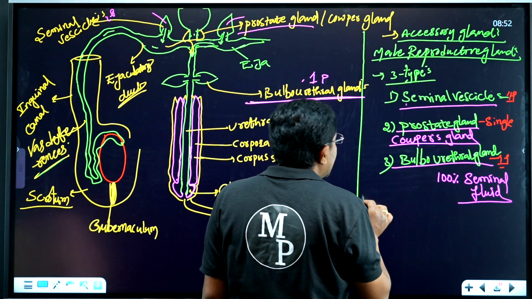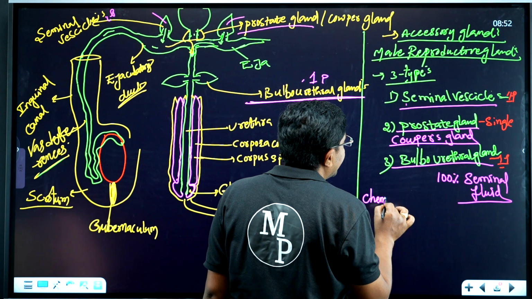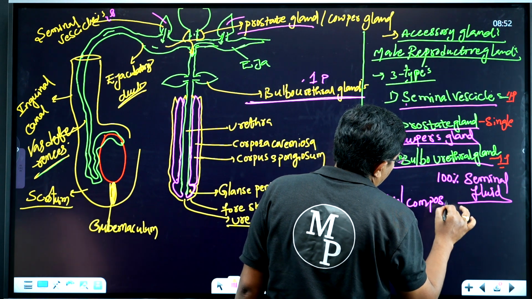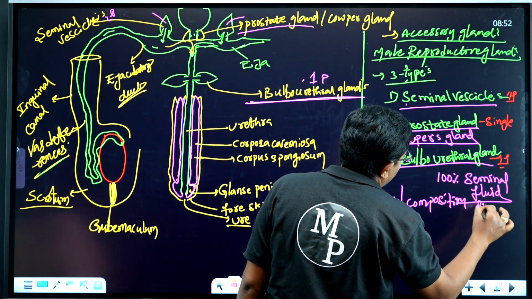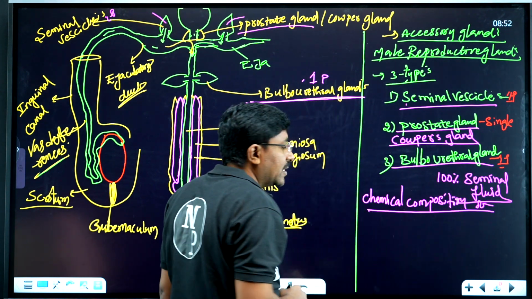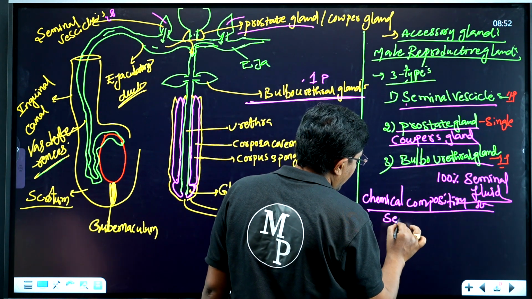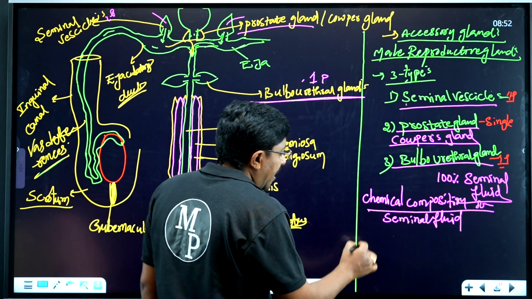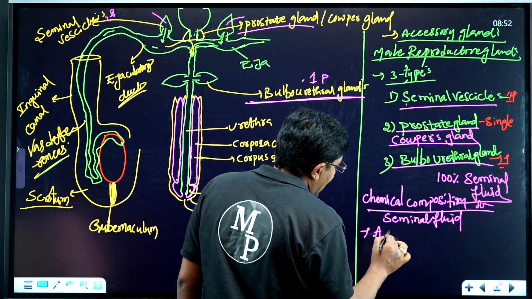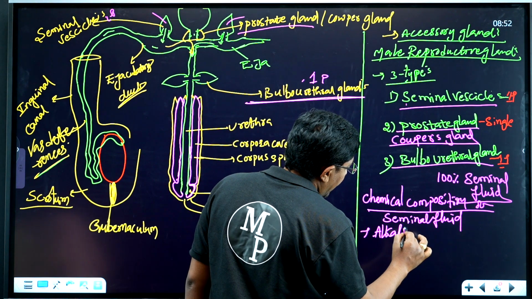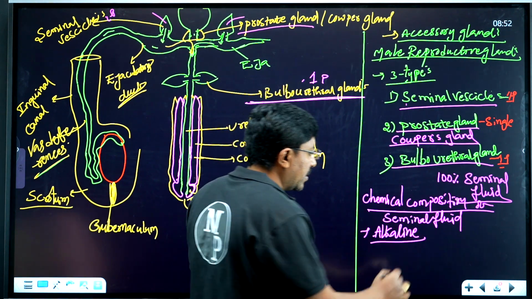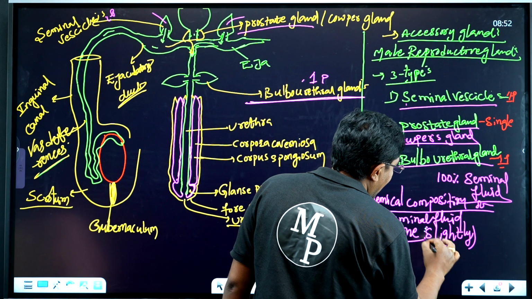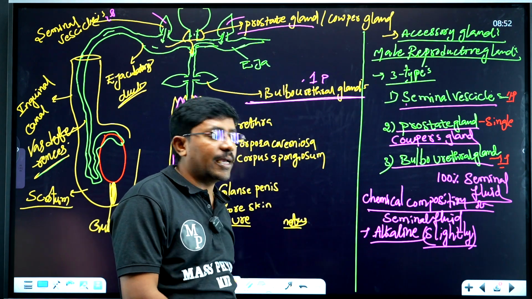So what is the chemical composition of seminal fluid? It is slightly alkaline in nature.